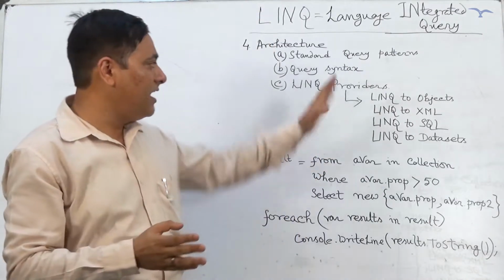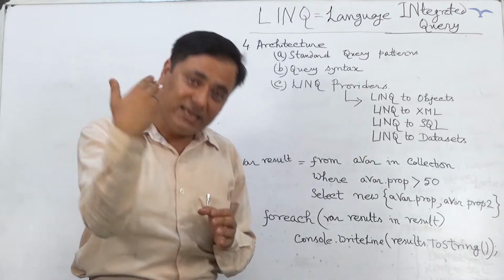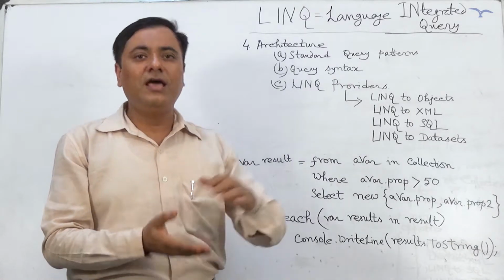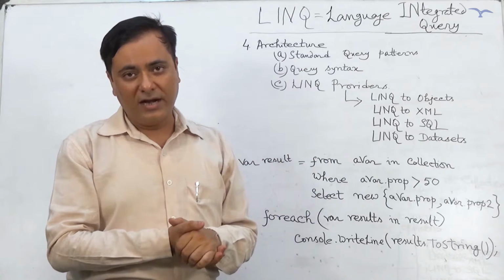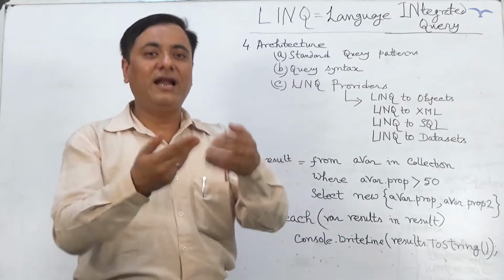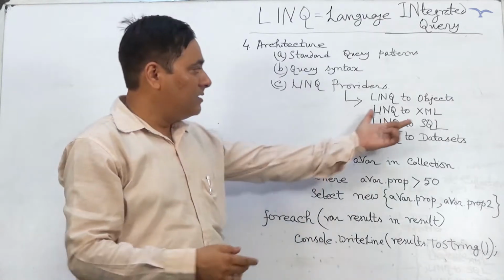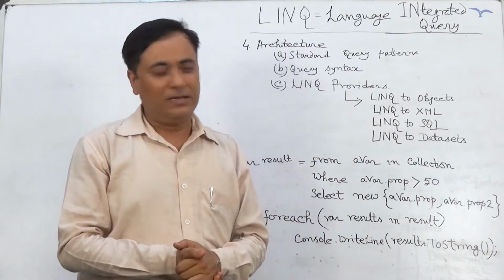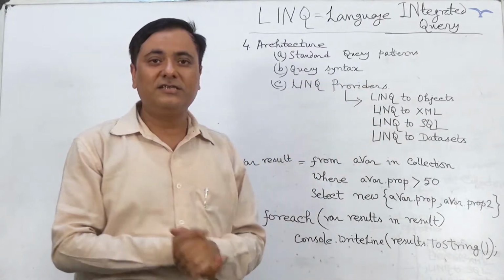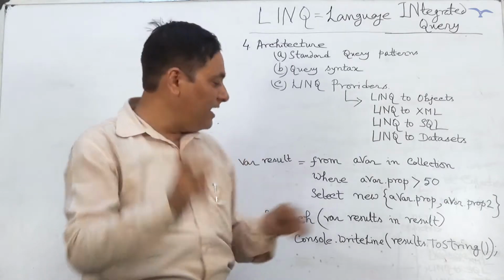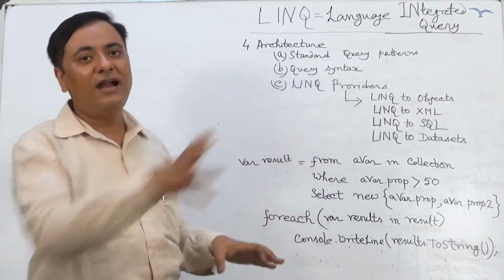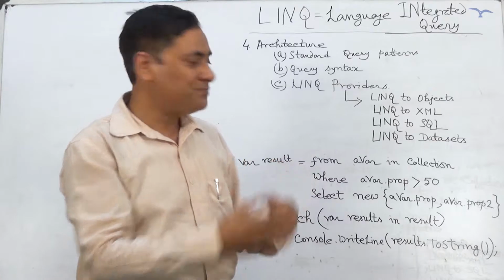Just think, if LINQ is not there, then the same thing you have to do with a big program, right? You need to write the program and then use it. But the flexibility of LINQ to XML, the second type of provider, is that you can just write a simple query like this and fetch the data and play with it.